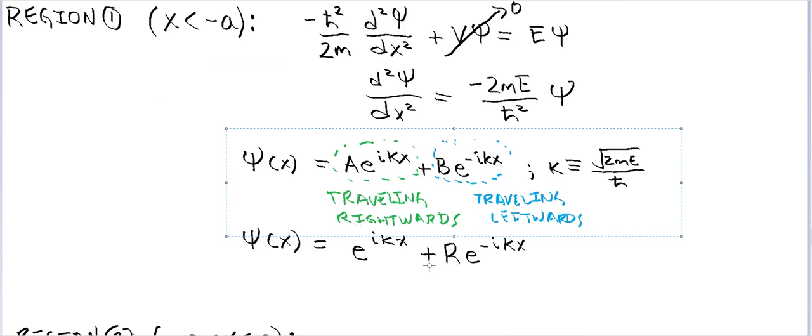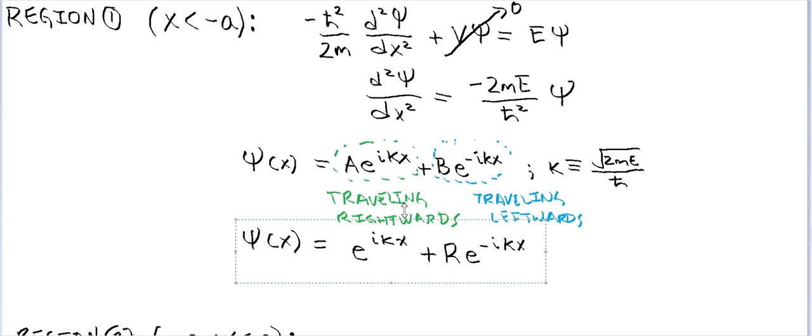This time I'm going to take a slightly different tack than the one we've previously done. We could have done this before. In fact, you may be angry with me for this, but it would have made some of the math a little easier for us. But this time, the part of the wave that's traveling rightwards, I want that to be the incident wave, and I'm just going to scale that to have a prefactor of 1, right? So I'm just going to let that be 1 times e to the ikx.